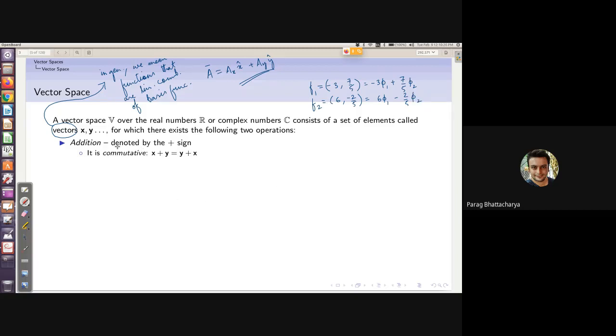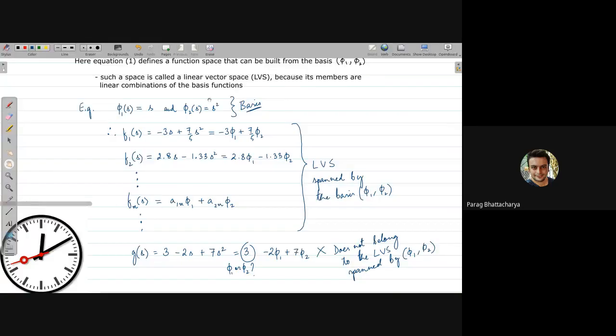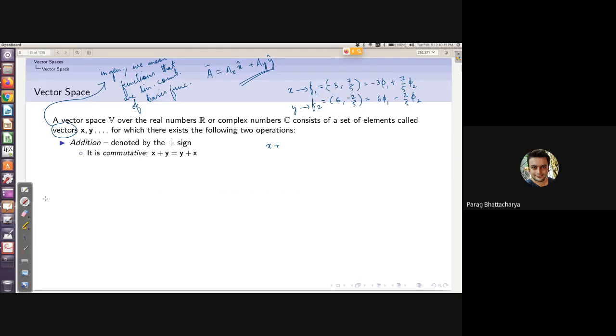So one operation that you can do is addition. This is one vector and this is another vector. F1 is one vector and F2 is another vector. If I say x plus y, what are we actually doing? We are doing f1 plus f2.